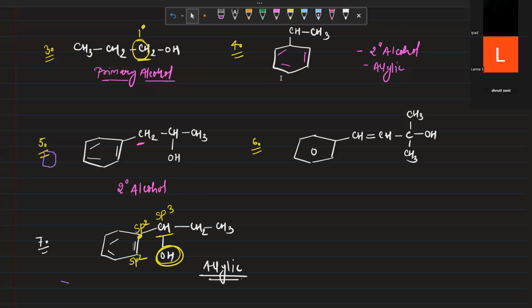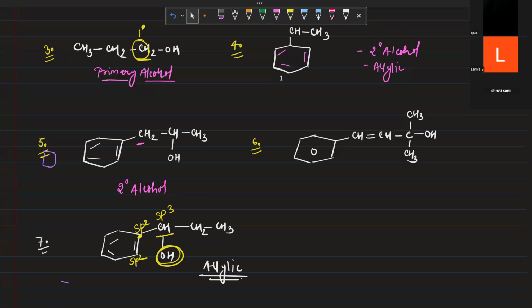Okay, now tell me for the sixth one. Let's see. You have double bonds, sp2 carbon attached to sp3 carbon.